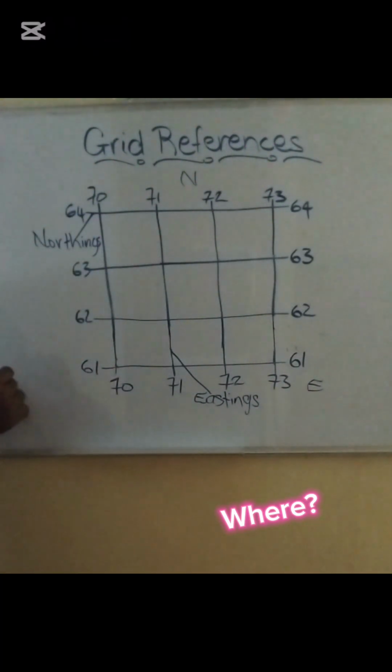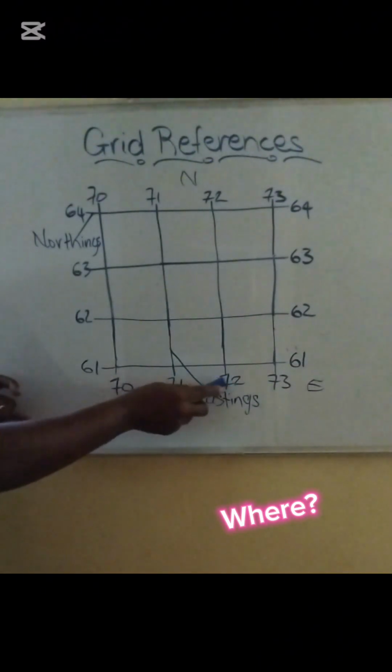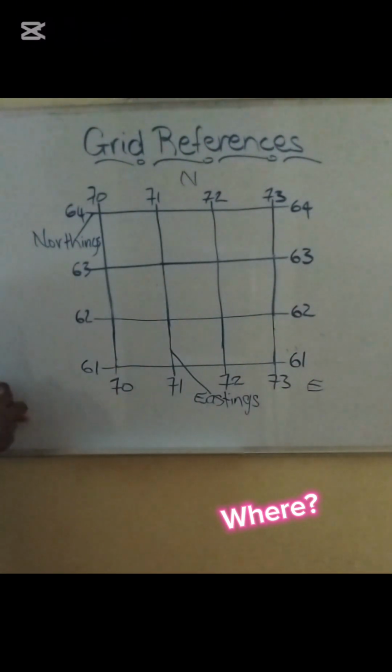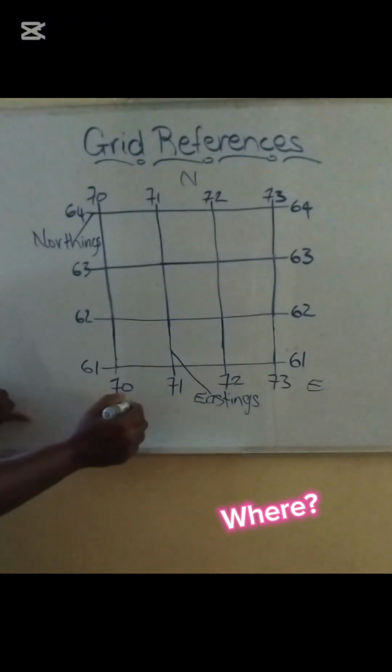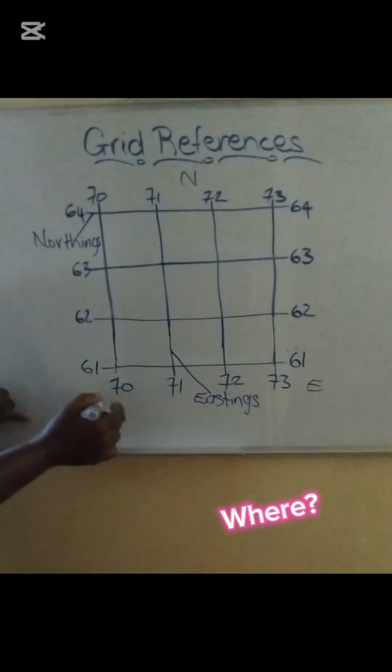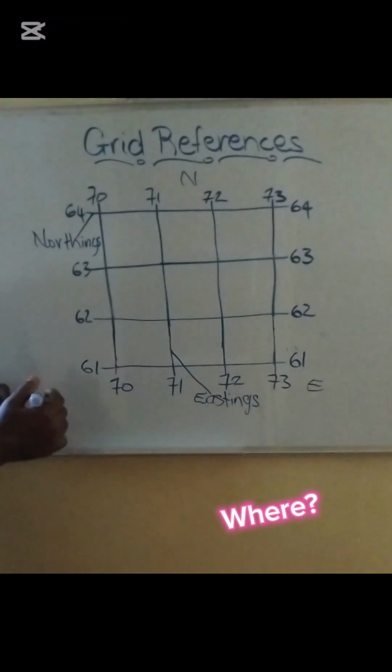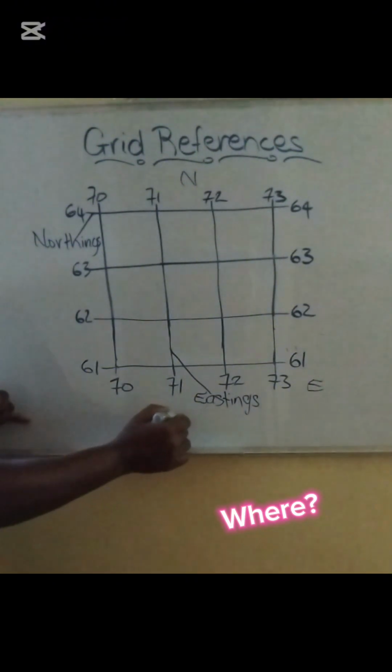Okay. Lovely. So in giving grid references, we give the eastings first. So we look along these lines first, the vertical lines. Now, I'll actually tell you what will help you to remember which one to give first. So if you're going up a flight of stairs, in most cases you will go along the corridor first, okay?